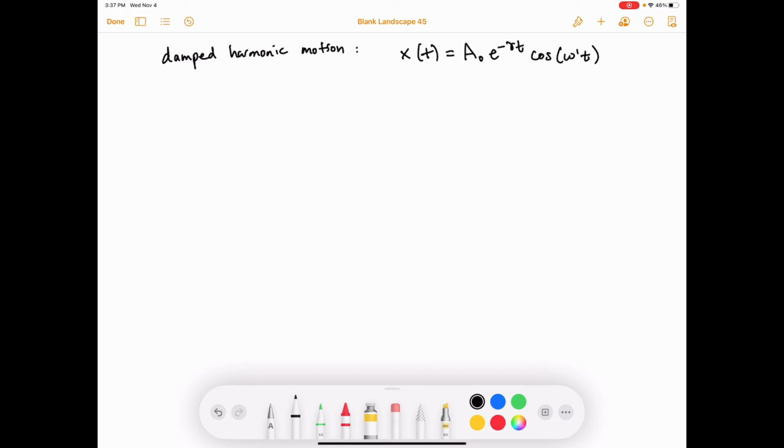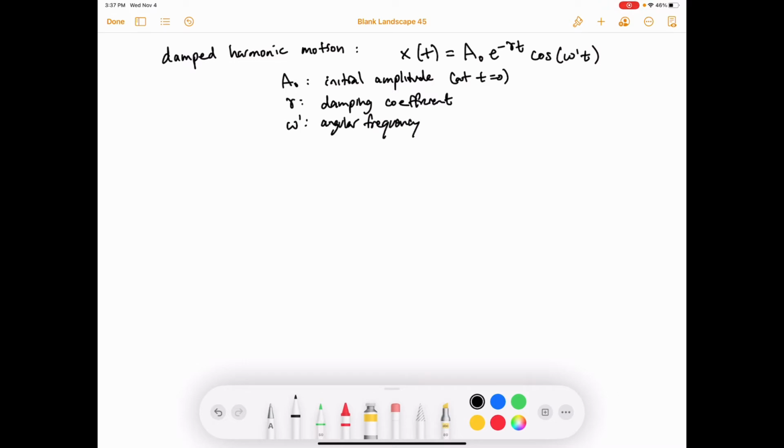So A naught is our initial amplitude, at t equals 0. Gamma is called our damping coefficient. And omega prime is the angular frequency, just like before, but with damping. So it takes on a different value when you have a damping force present.